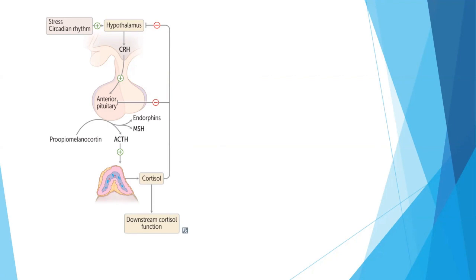That's why, when there is an increase in cortisol production, there is an increase in melanocytes, which increases the darkness of the skin. Now the ACTH produced by the anterior pituitary will act on the adrenal gland to produce cortisol. This cortisol will itself have a negative feedback loop on the anterior pituitary and the hypothalamus to control its level.